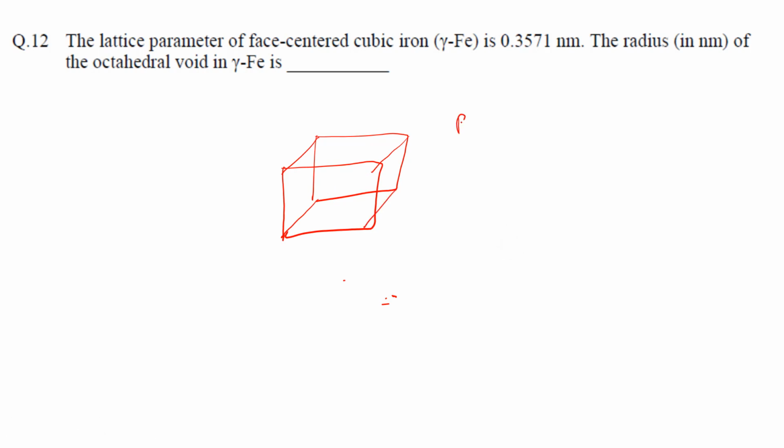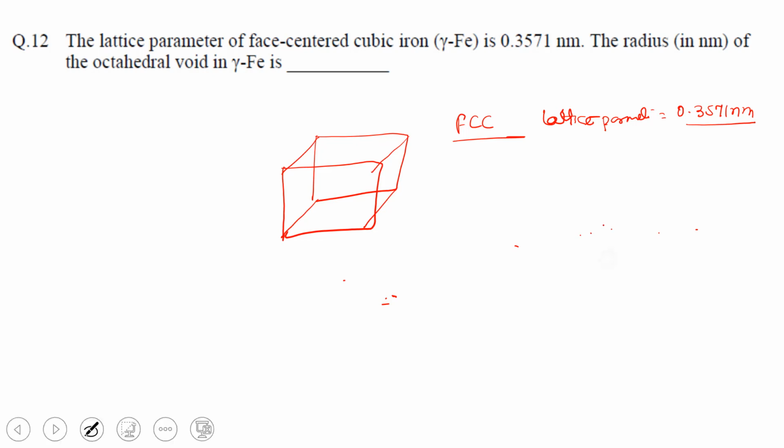Now it is FCC and the lattice parameter is given as 0.3571 nanometer, right? That is the edge length. So it is asking about the radius of the octahedral void in FCC.